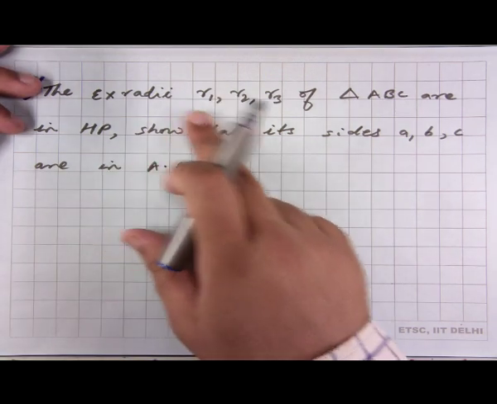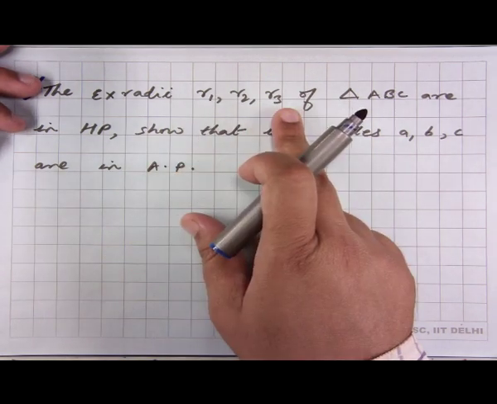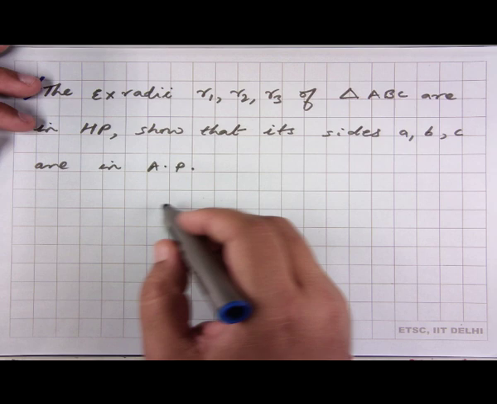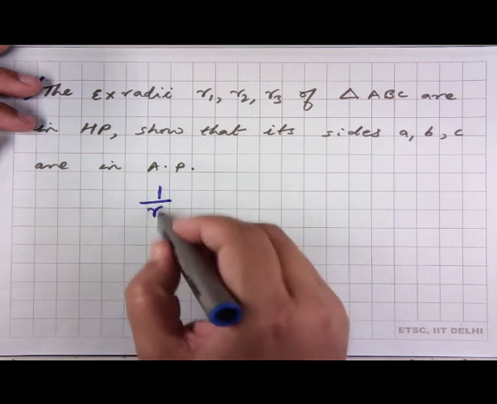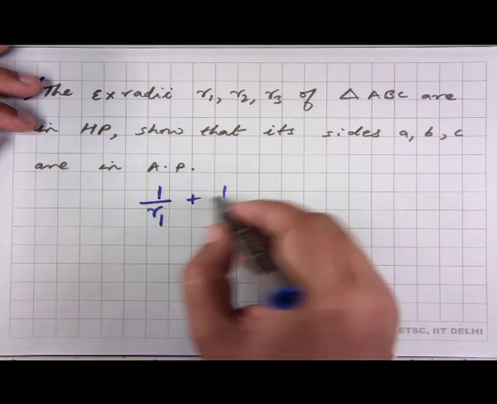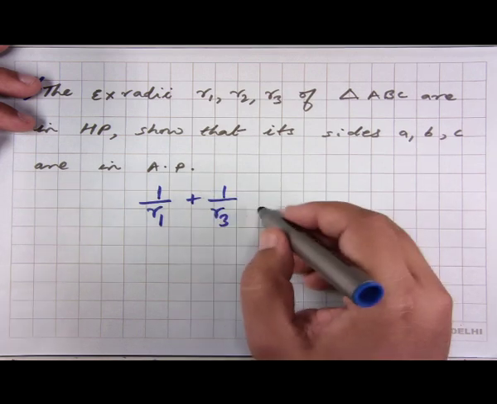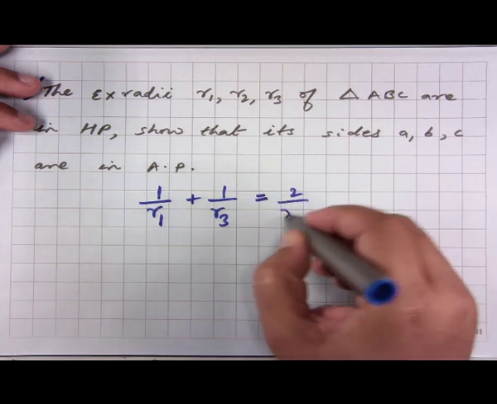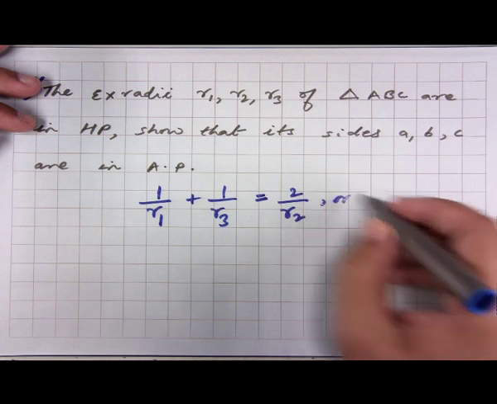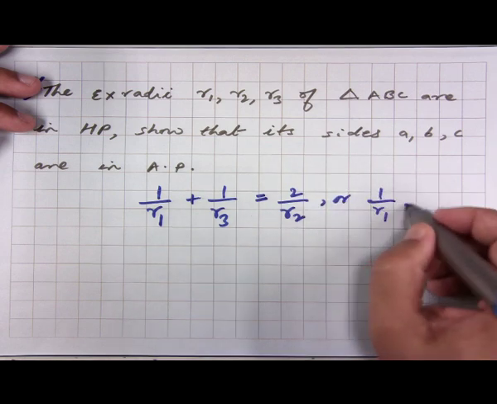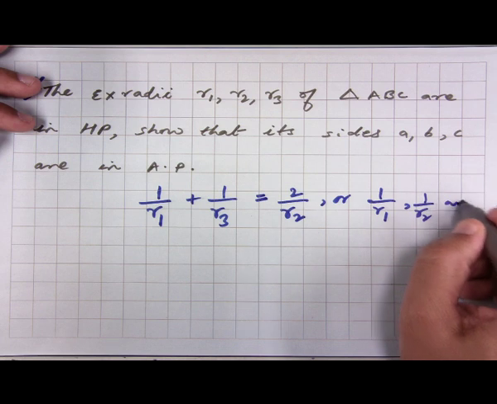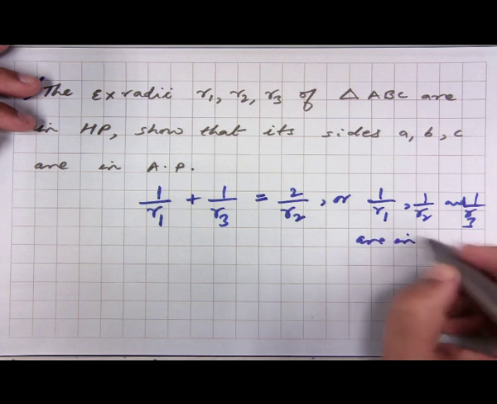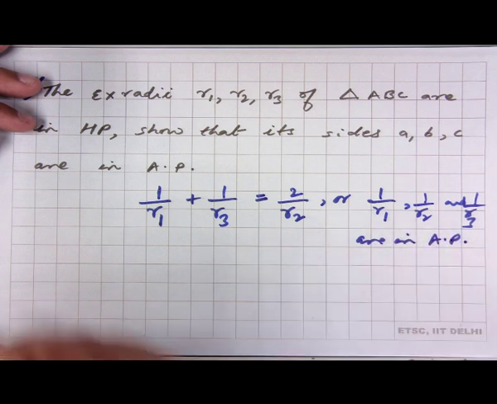Since R1, R2 and R3 are in harmonic progression, it follows that 1 by R1 plus 1 by R3 is equal to 2 by R2, or 1 by R1, 1 by R2 and 1 by R3 are in arithmetic progression.